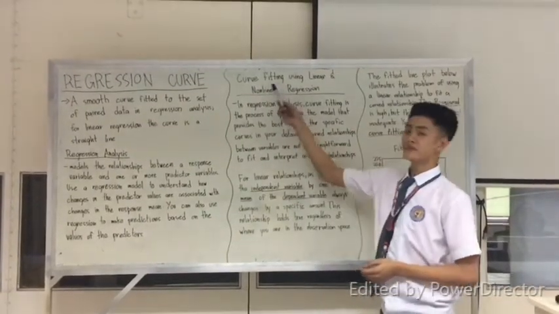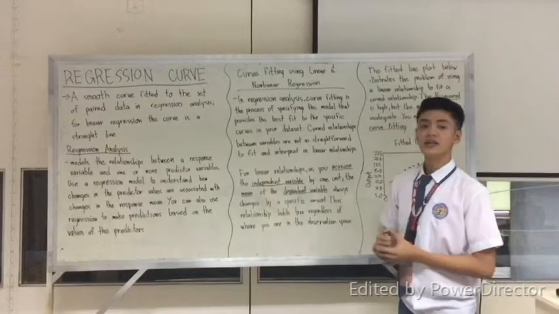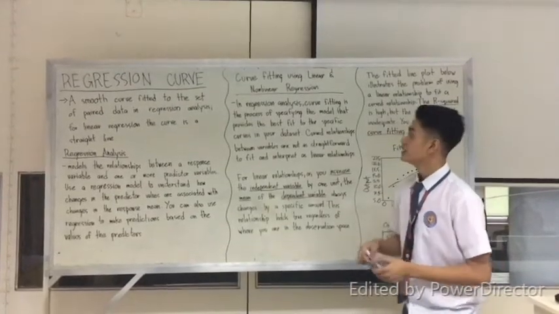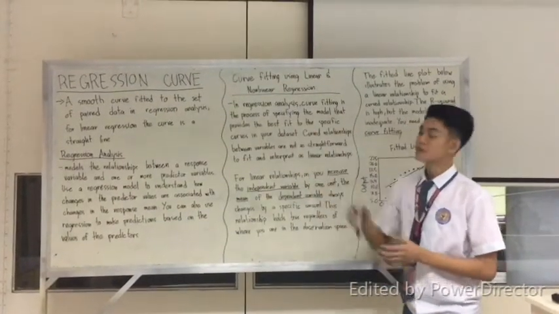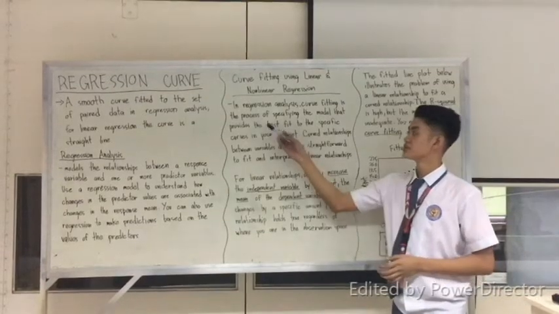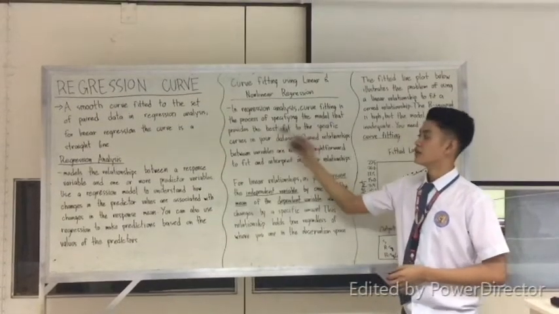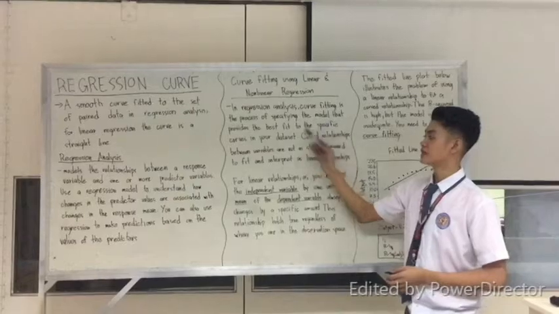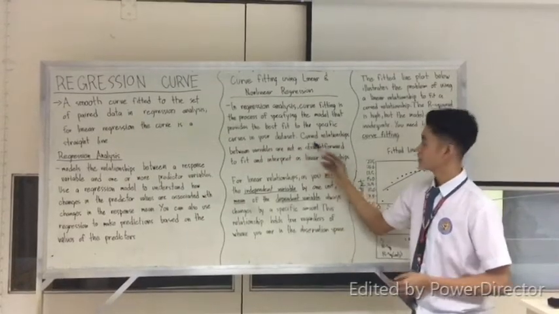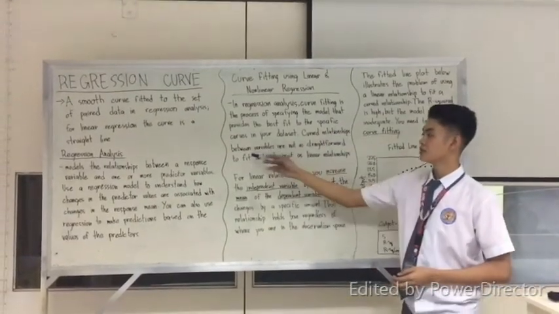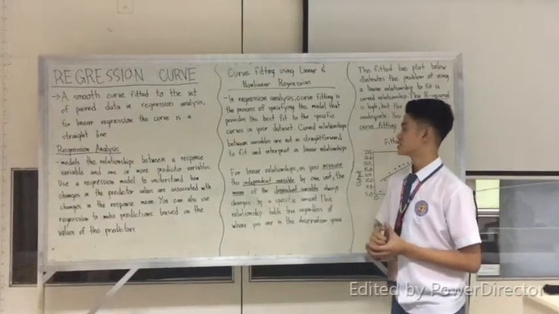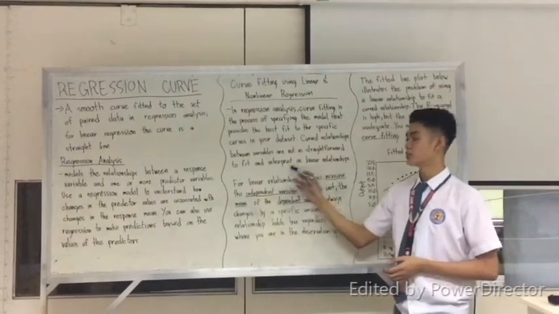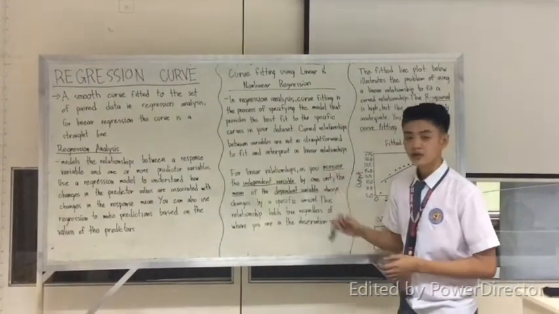Next is curve fitting using linear and nonlinear regression. In regression analysis, curve fitting is the process of specifying the model that provides the best fit to the specific curves in your dataset. Curve relationships between variables are not as straightforward to fit and interpret as linear relationships.